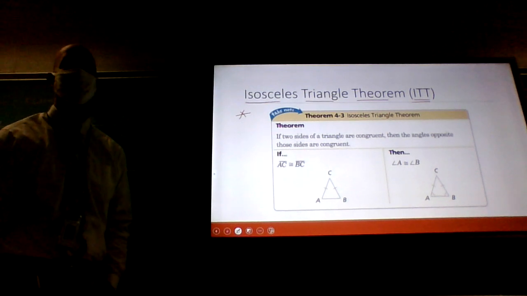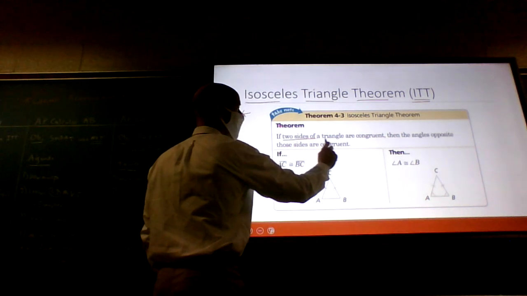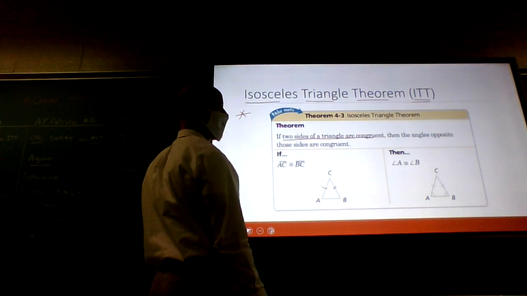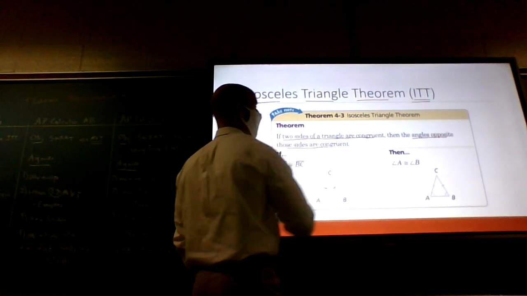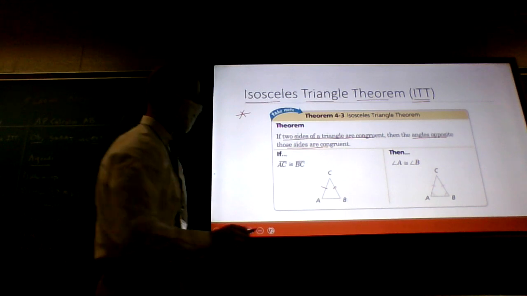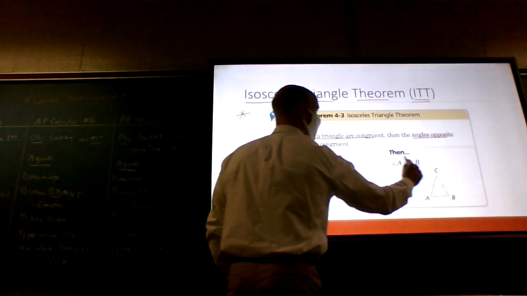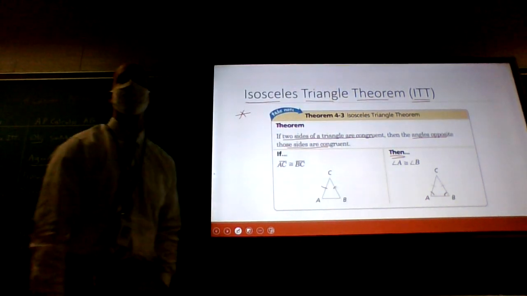Here's what it says. If two sides of a triangle are congruent, so this side's congruent to this side, then the opposite angles of those sides are congruent. In other words, if this side is congruent to this side, then the base angles are congruent. That's basically what it's saying.